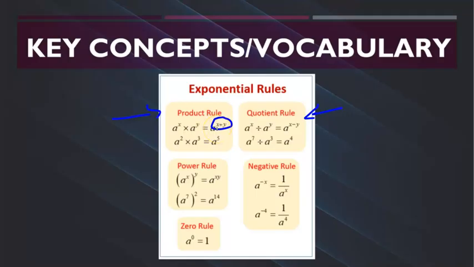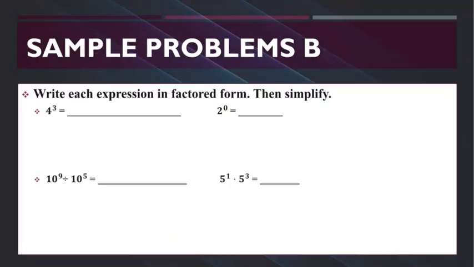The quotient rule, or the division rule of exponents, says if you're dividing like bases, you subtract the exponents. And the other rule we're going to look at is the zero rule of exponents, which says that any base raised to the 0 power is always equal to 1, except the base can never be 0. So let's take a look at some examples.